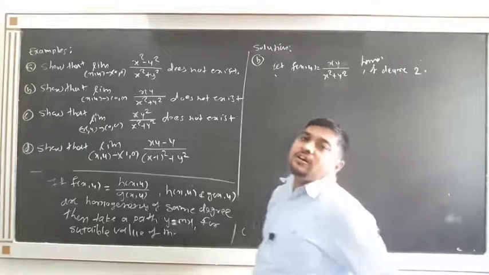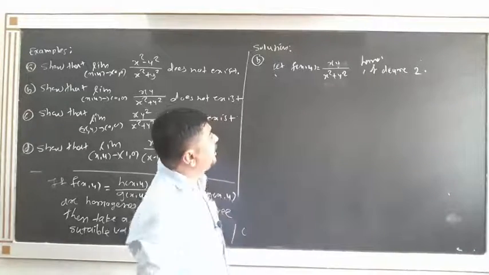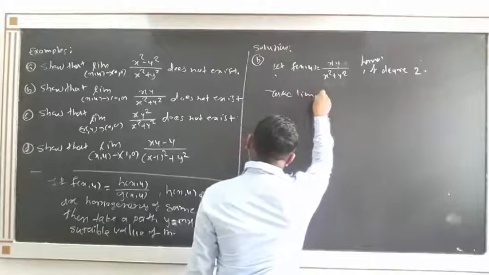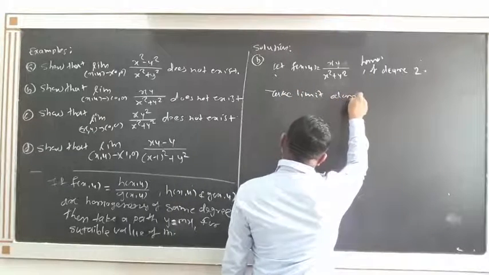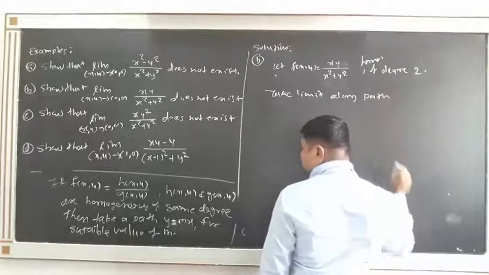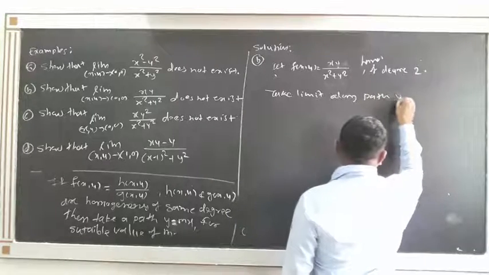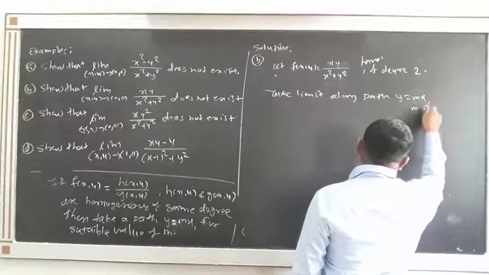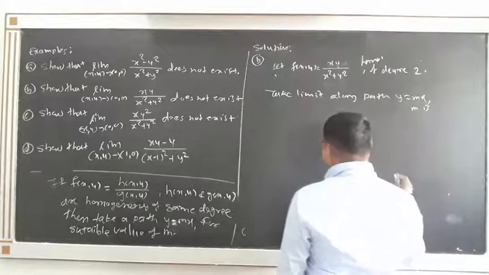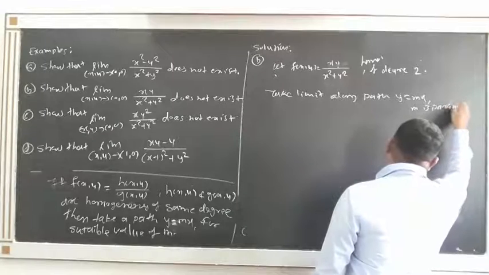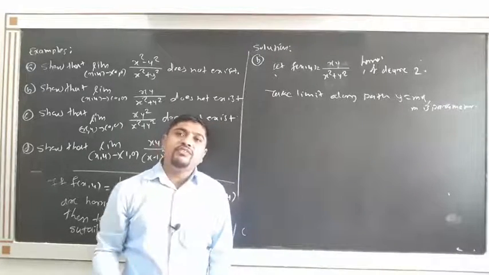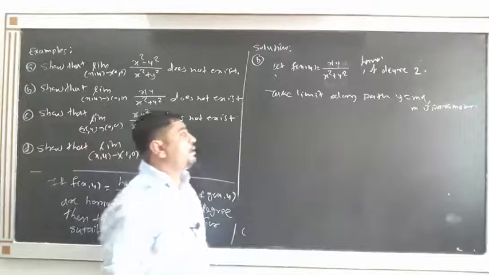Then you can take the limit along the path y is equal to mx, where m is a parameter. That means as m changes, you will get different paths.